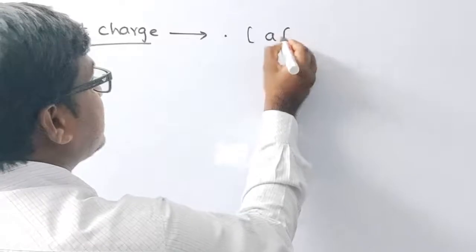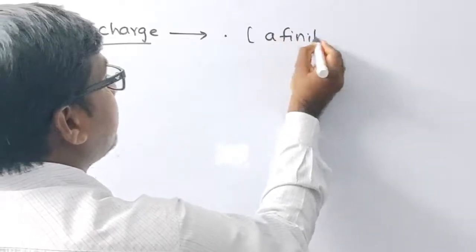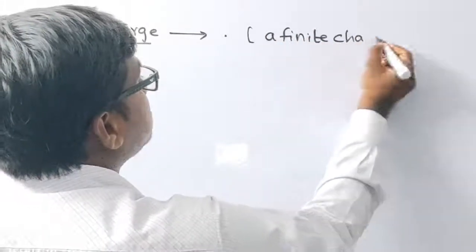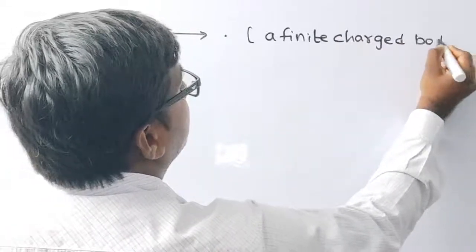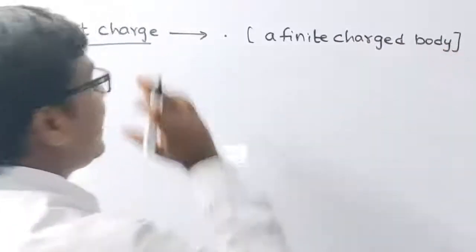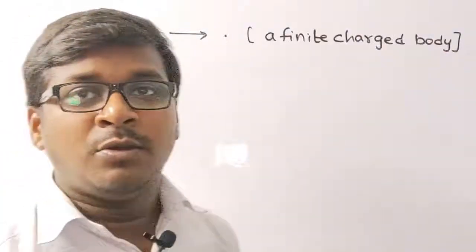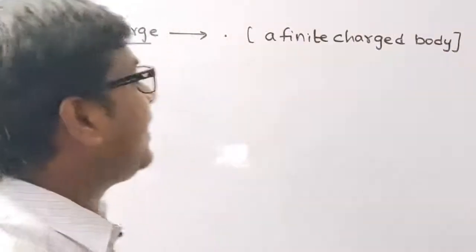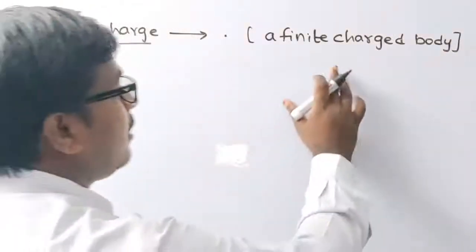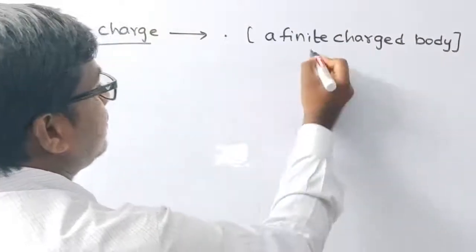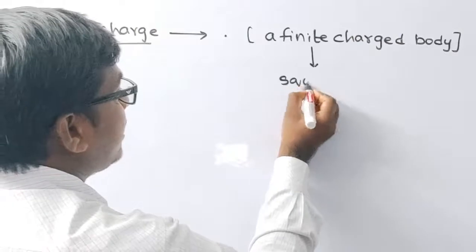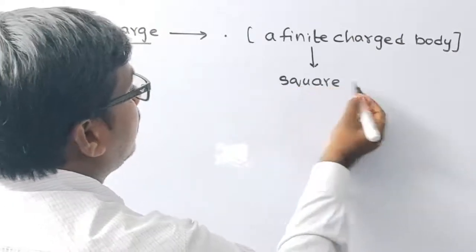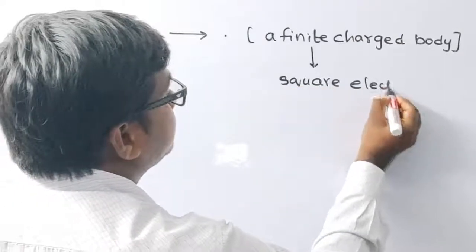A finite charged body behaves as a point charge. It produces an inverse square electric field.